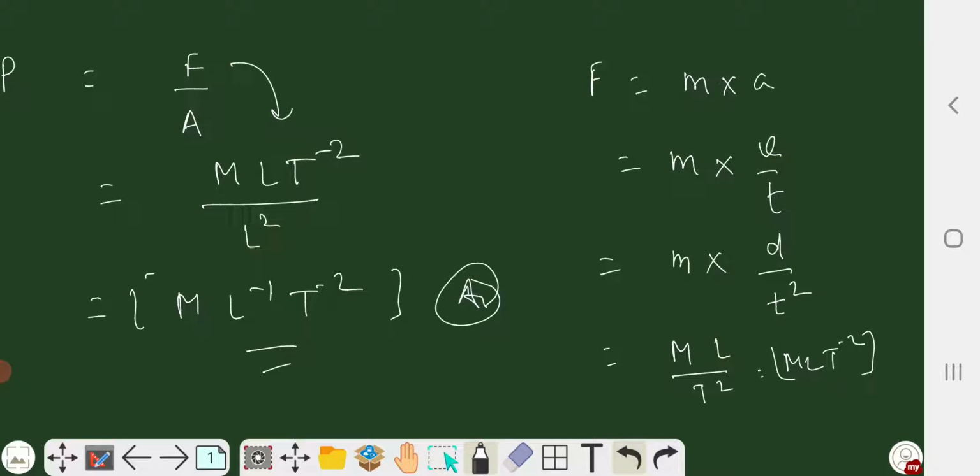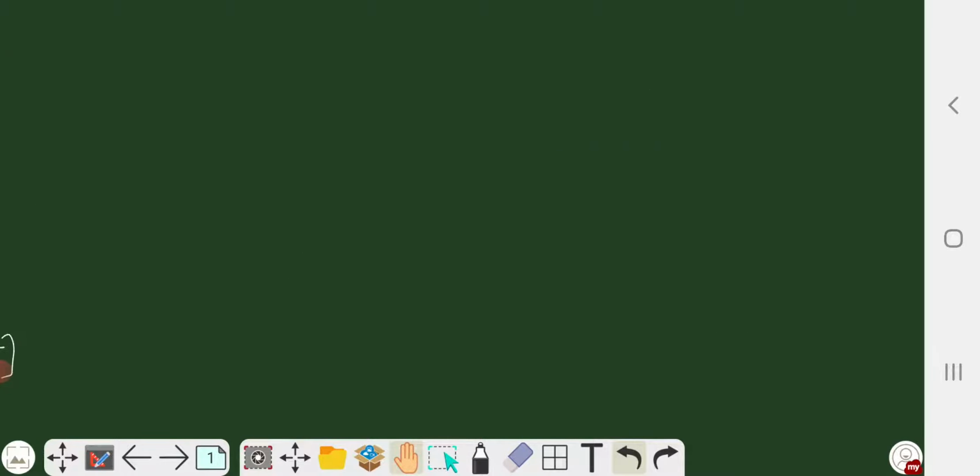Now we are moving towards the next question, that is the second question. The same thing is happening in this question. We have to find the dimensions of part a, angular speed omega. First we'll be writing the formula for omega. We know delta theta upon delta t.